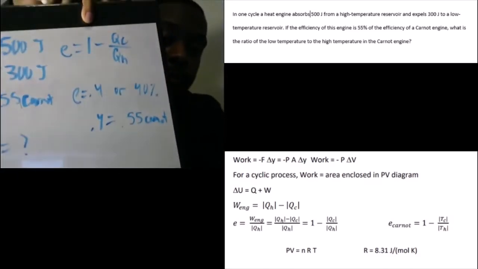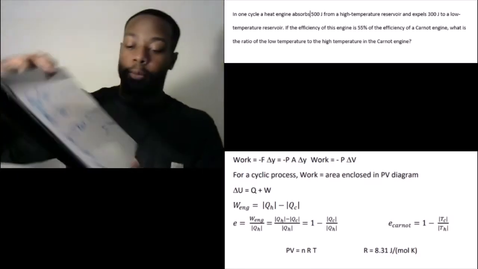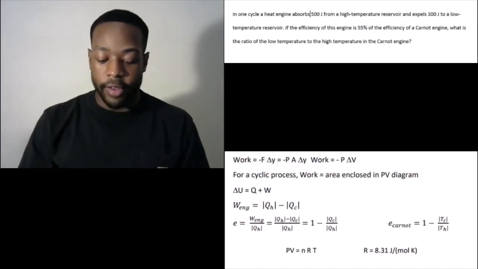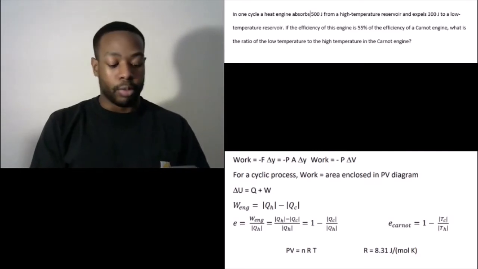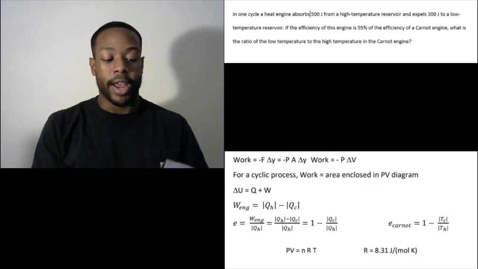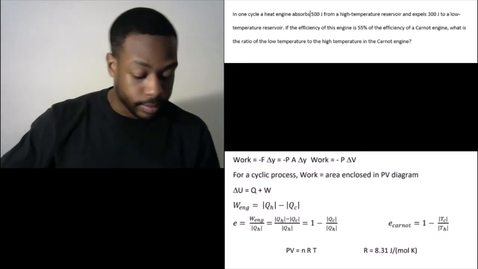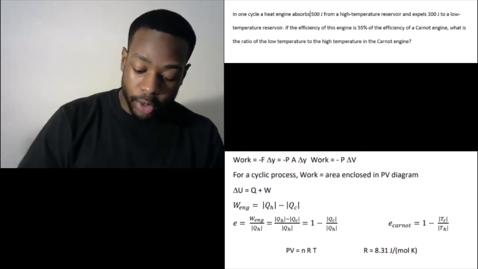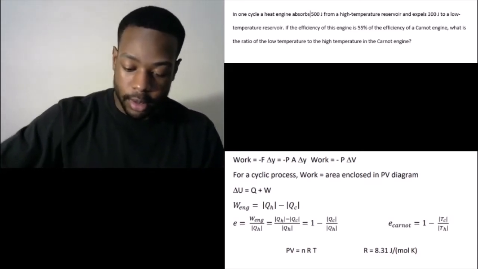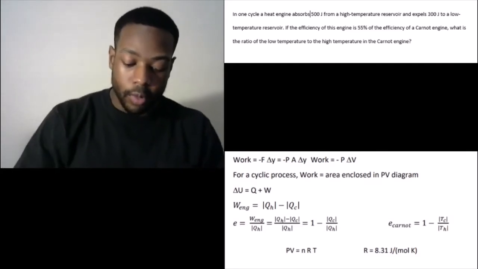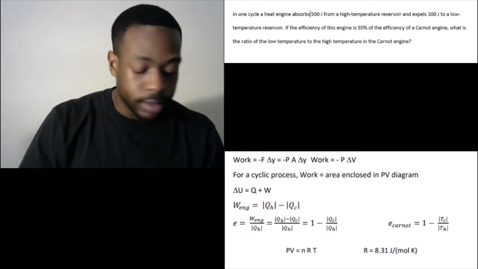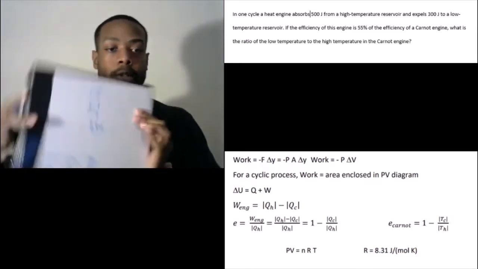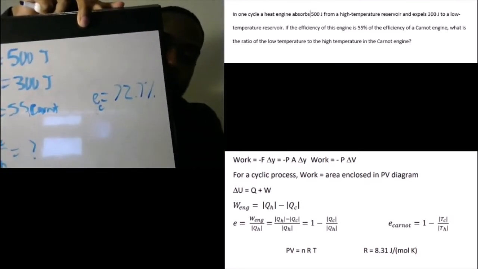So that's what I have: 0.4 equals 0.55 times the efficiency of a Carnot engine. We want the efficiency of the Carnot engine, so we're going to do 0.4 over 0.55, right? A little algebra there. Once we do that little math, we should get the efficiency of our Carnot engine as 72.7%, or 0.727.